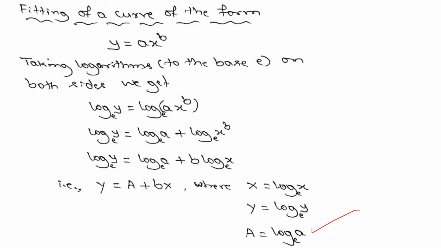Now let us write the normal equations for this linear equation. In the normal equations, in the place of small y we will be taking capital Y. In the place of small a we will be taking capital A. In the place of small b, we write small b itself, and in the place of small x, we take capital X in our original normal equations.